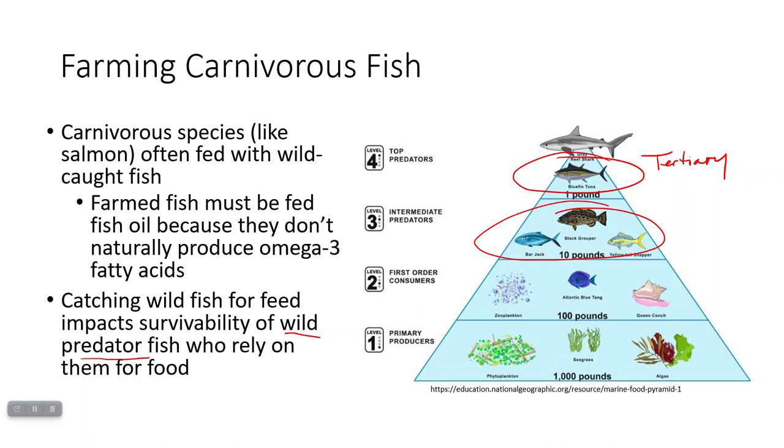Another thing, we also farm fish because you may have heard of omega-3 fatty acids. Fish are supposed to be a very good source of that, but they take this in from algae they eat. So they don't produce it themselves. Instead, you have these omega-3 fatty acids that the algae produce that can get eaten by a primary consumer, which gets eaten by a secondary consumer, which then gets eaten by your tertiary consumer.